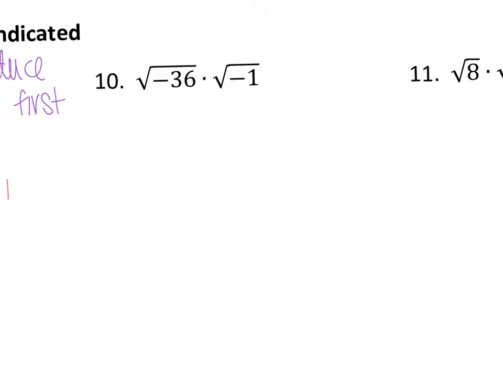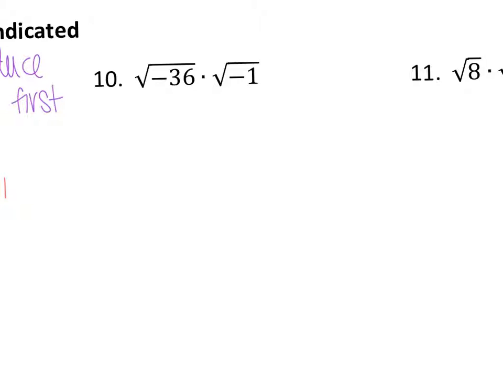Now let's move on to number 10. Number 10, I'm going to reduce first into my complex form. So I have i square root, not 30, but 36, times, well, square root of -1 is i. What's the square root of 36? If you want to break it down, it becomes 6 and 6. I know this is a perfect square, 6 squared.